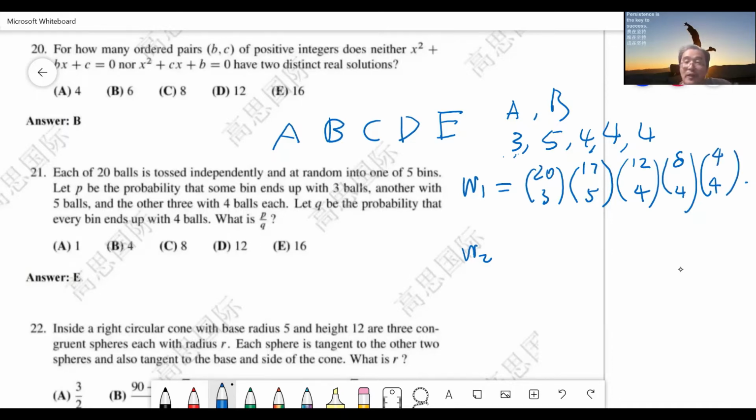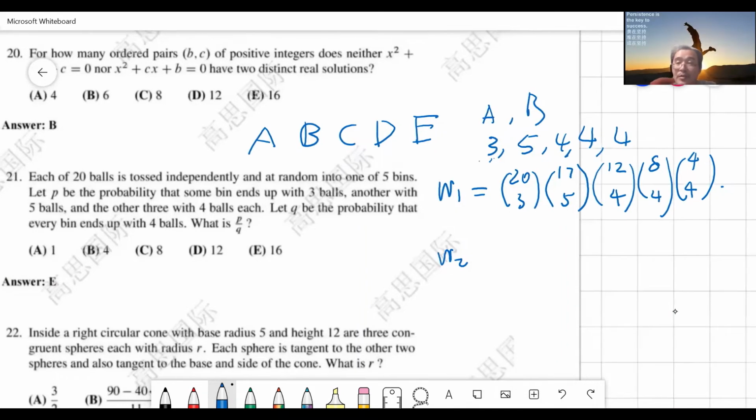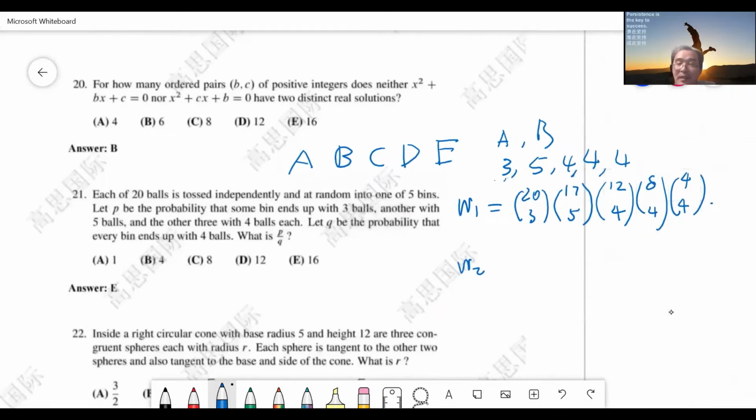That's for A having 3 and B having 5. But actually, we can have any 2 bins showing these 3 and 5. So we need to multiply: for the bin with 3 balls we have 5 options, and then for another bin with 5 balls we have only 4 options.